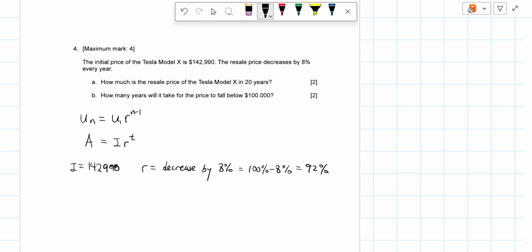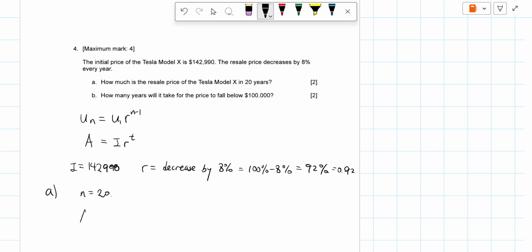So I'm going to say that my rate is 0.92. Okay. So I know that my R value of less than 1, between 0 and 1, does give me that decreasing value. And in part A, I know that n is equal to 20.